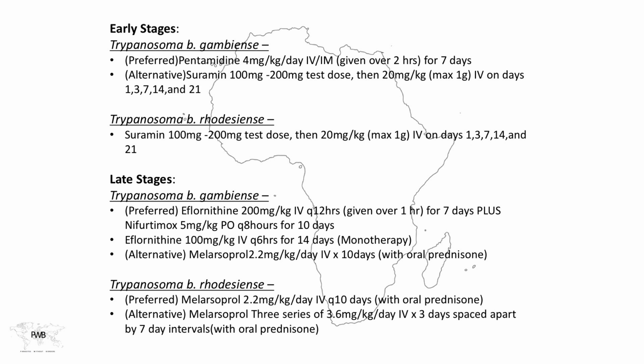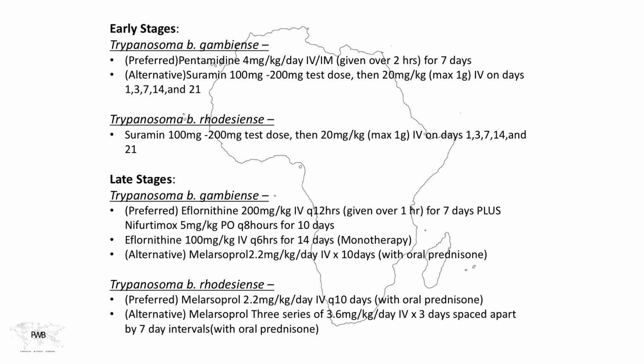But early stages, pentamidine and suramin are two options. Pentamidine is preferred. Suramin has quite an issue with side effects. But suramin is the only drug option in East African early stage trypanosoma infection.